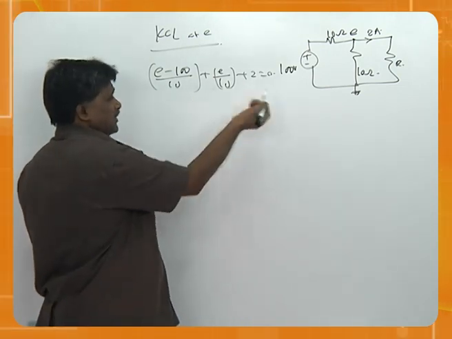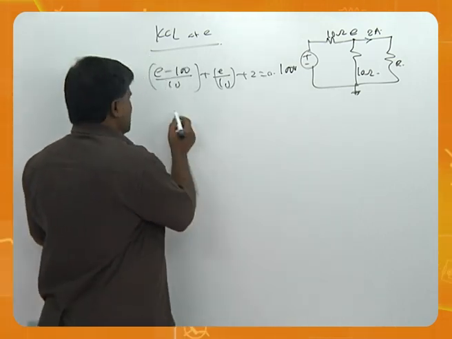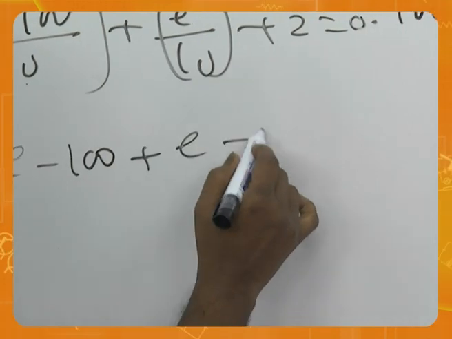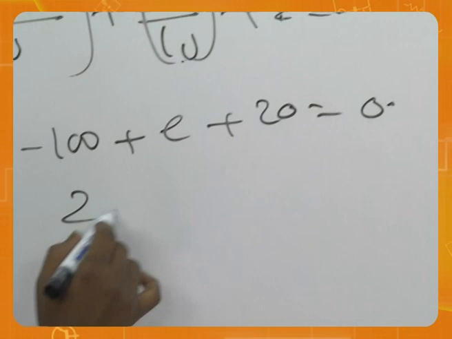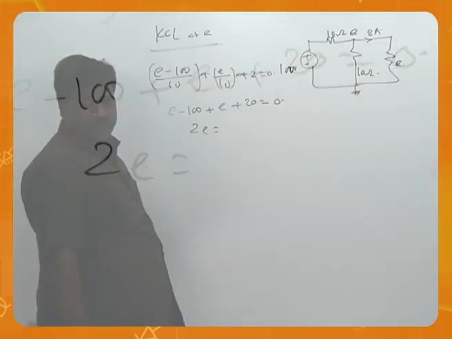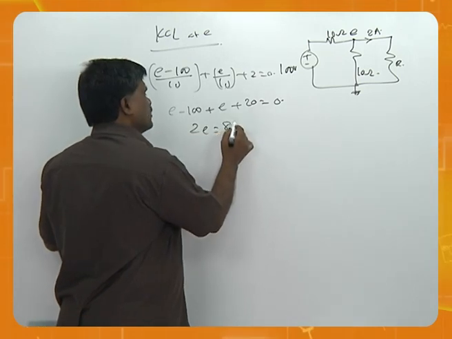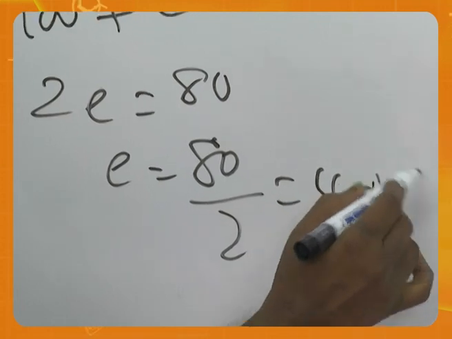You can say 10 is the LCM directly. So E minus 100 plus E plus 20 is equal to 0. Therefore, 2E is equal to 80 volts. So E is 80 by 2, which is 40 volts.